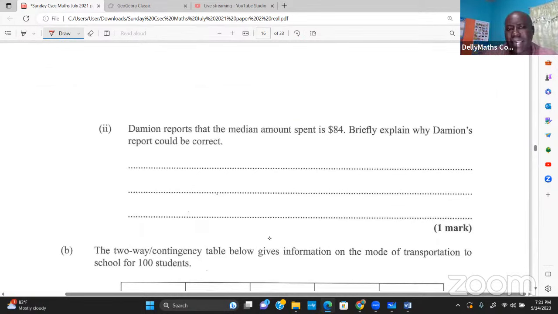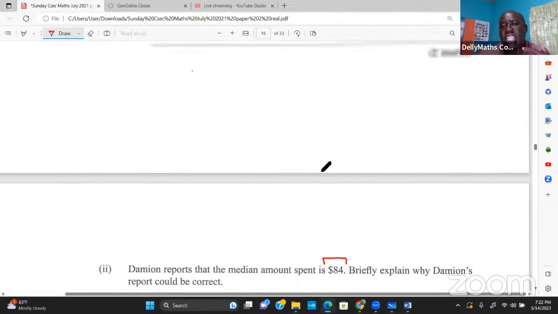Now, the next question says, Damien reports that the median spent is $84. Briefly explain why Damien's report could be true. We wanna discuss why it could be true. Talking about possibility here. Is this possible? Could this be it? Let's go back to the table. Remember, 84.